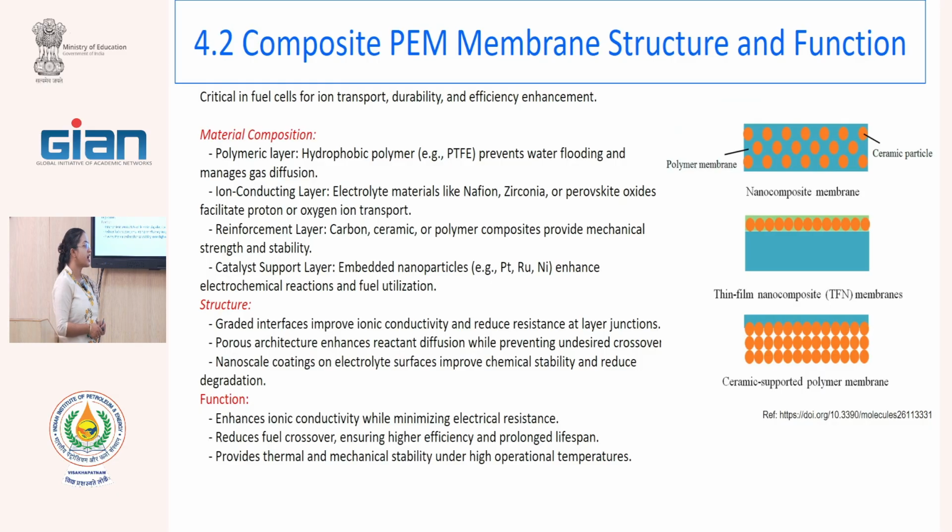That is a very good way to make this kind of membrane. Over a ceramic support or any stable support, we can have a coating of a conductive layer. That is one very good way to prepare this kind of membrane. Either you can have a polymer as a support over that ceramic conducting material, or the other way around.